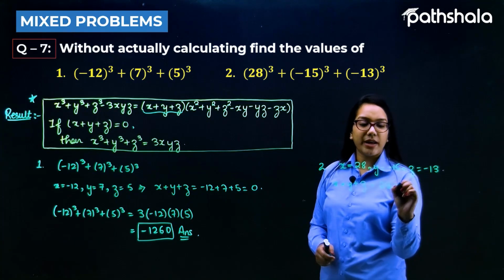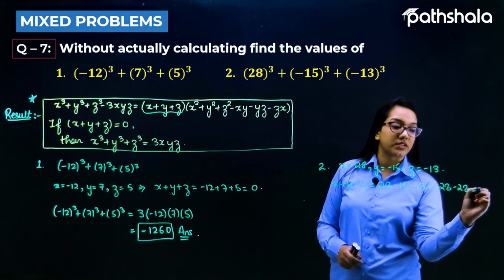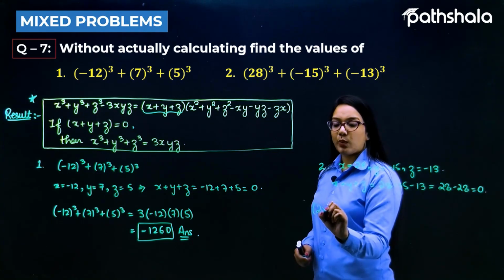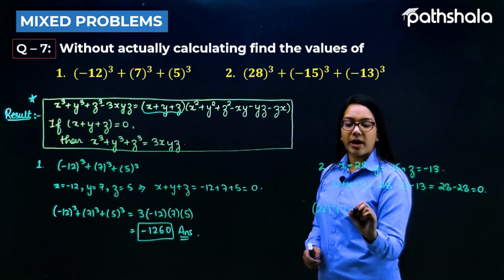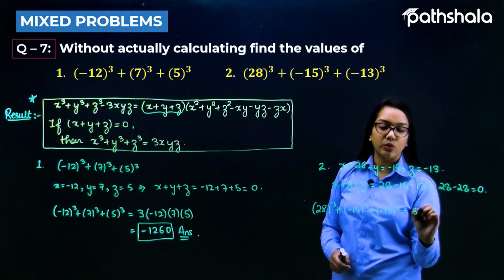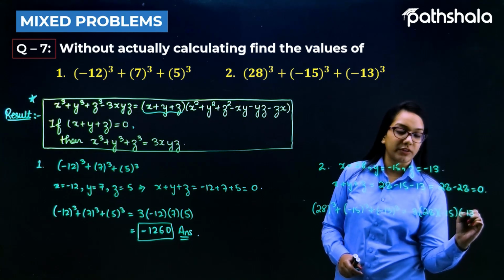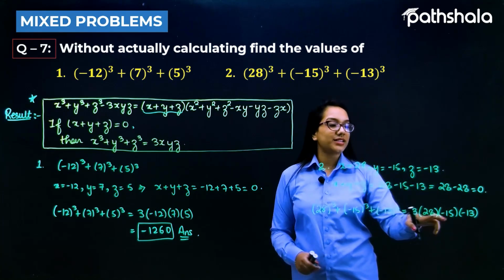So it is 28 minus 15 minus 13. Obviously it is 28 minus 28, which is equal to 0. So it means that 28 whole cube plus minus 15 whole cube plus minus 13 whole cube is equal to 3 into 28 into minus 15 into minus 13, that is 3xyz.